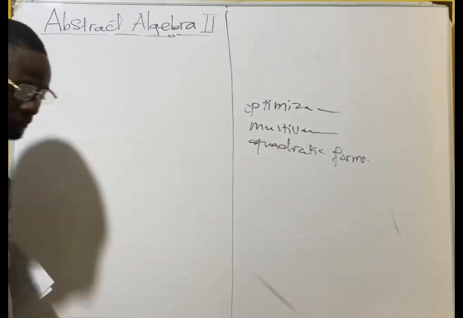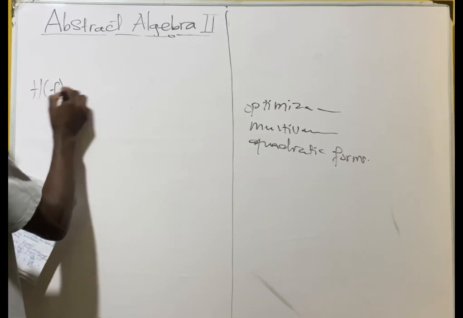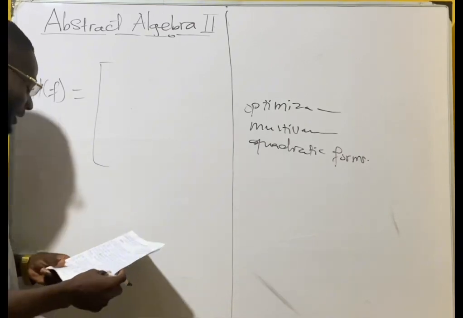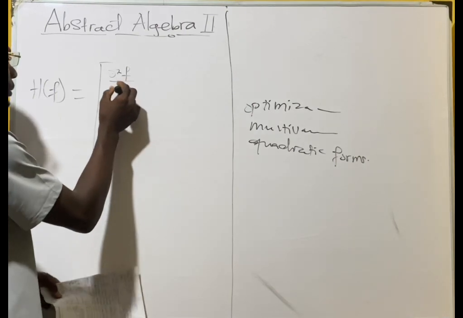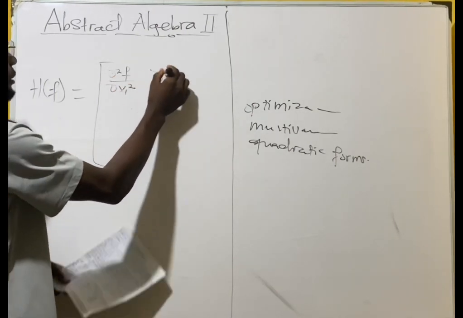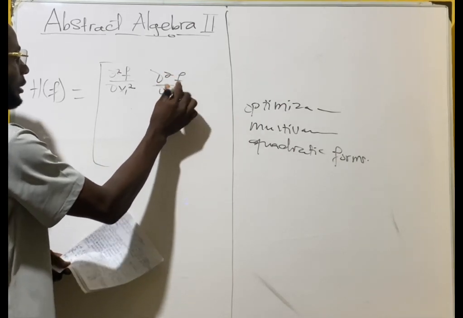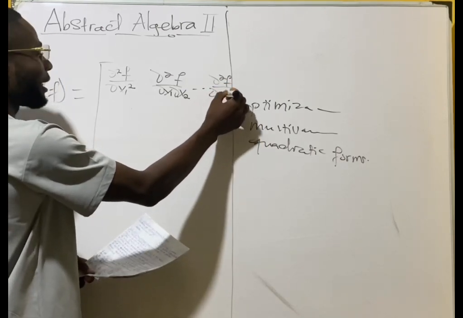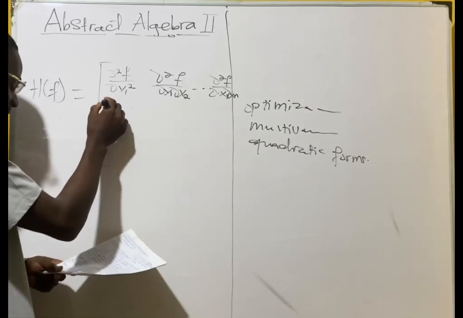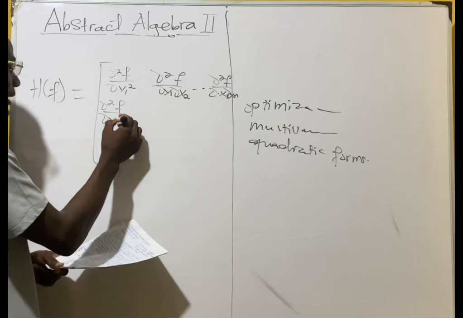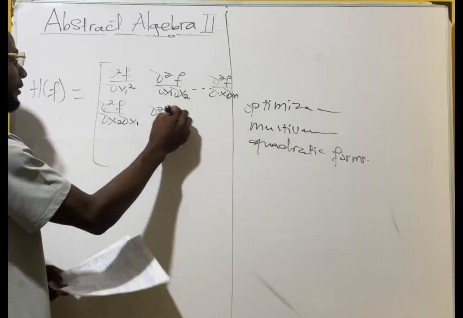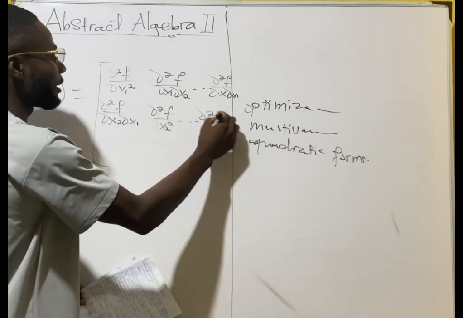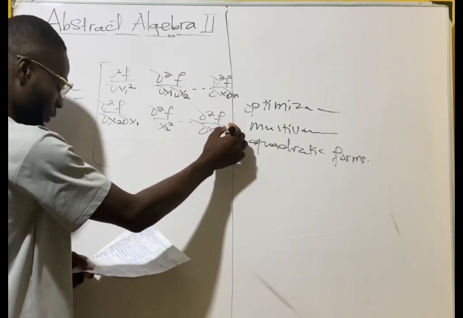Now it has a formal definition, which I'm going to give here. The Hessian matrix is defined as follows, since we are talking about second order partial derivatives. The first row is ∂²f/∂x1², ∂²f/∂x1∂x2, up to ∂²f/∂x1∂xn. Then ∂²f/∂x2∂x1, ∂²f/∂x2², up to ∂²f/∂x2∂xn.